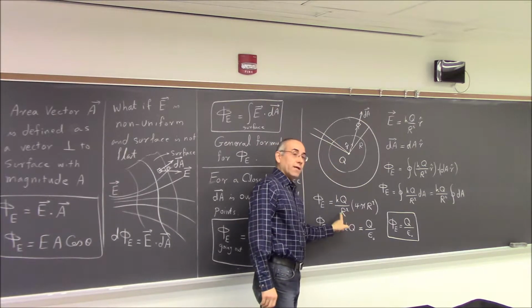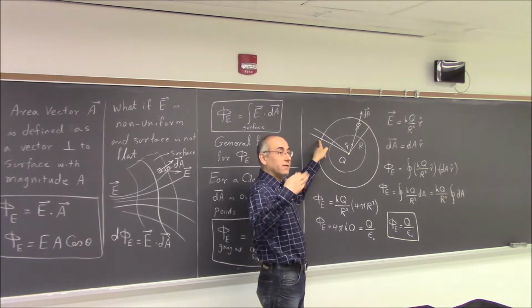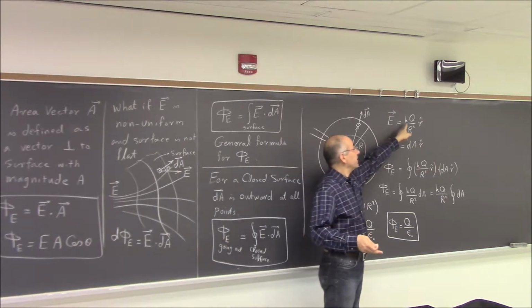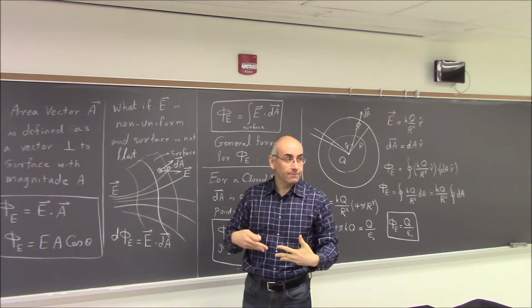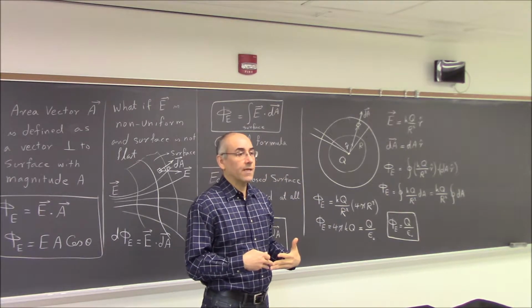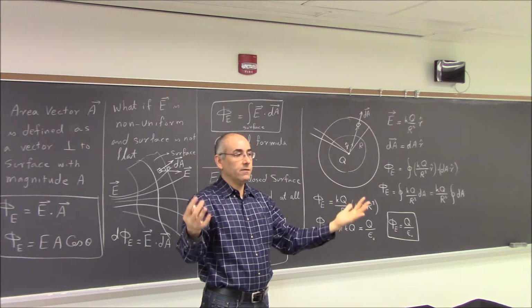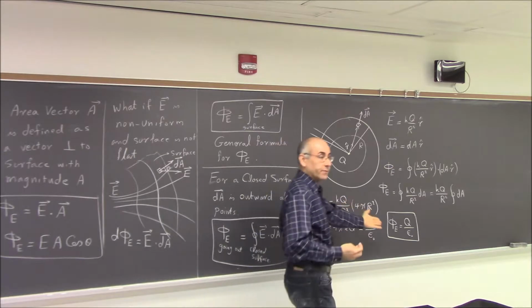And you see why. The further you get, the area increases by the square of the distance, but the electric field decreases by the square of the distance. So these two cancel the effect of each other, right? That's why the flux through any sphere with any radius is the same. It's always Q over epsilon naught.